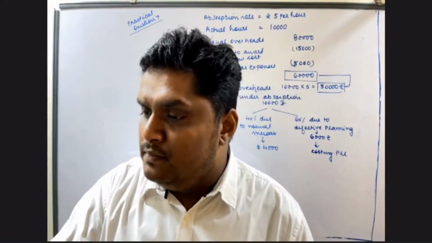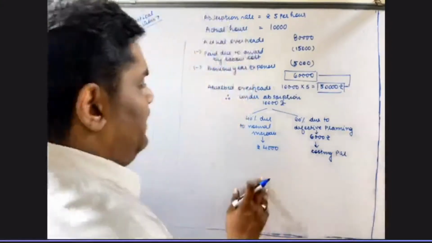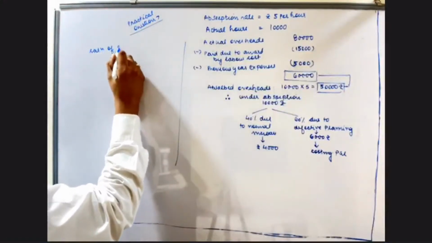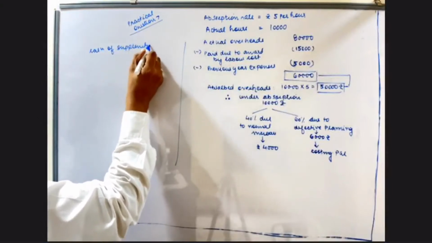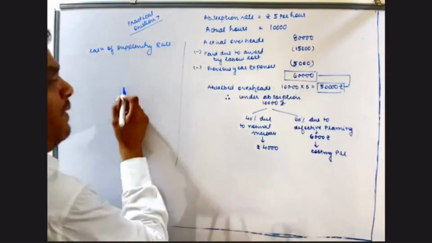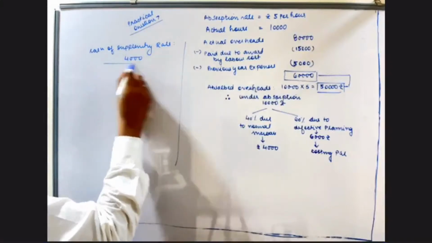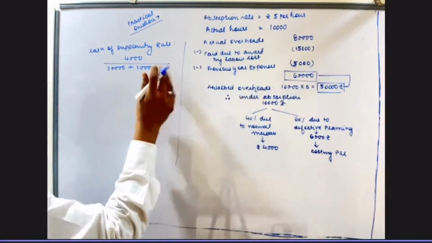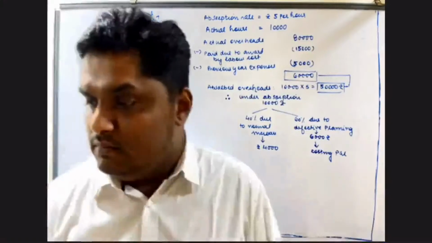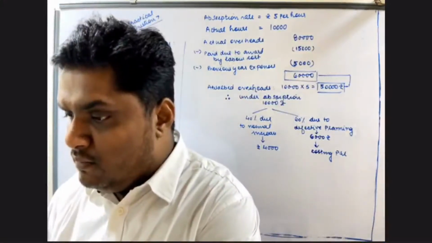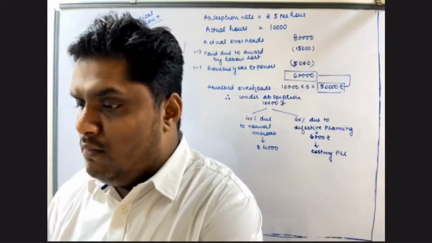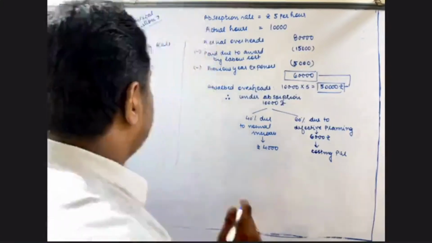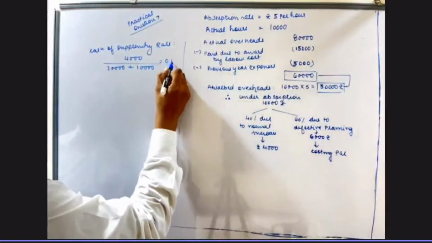So herein again, calculation of 4,000 divided by 30,000 units plus 10,000 units, so 0.10 will be my supplementary rate.